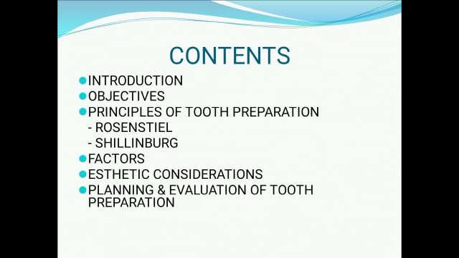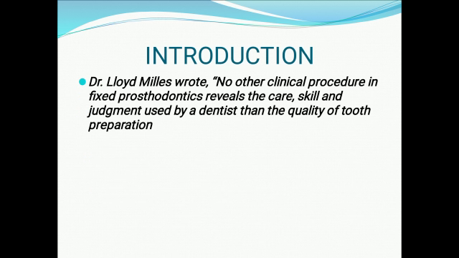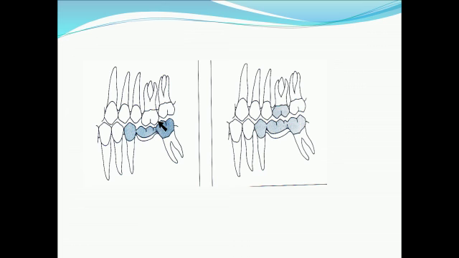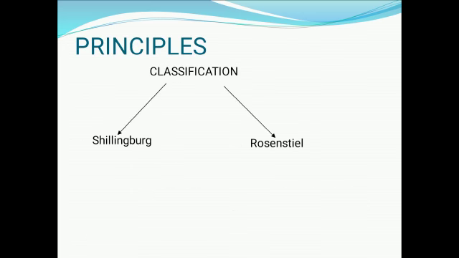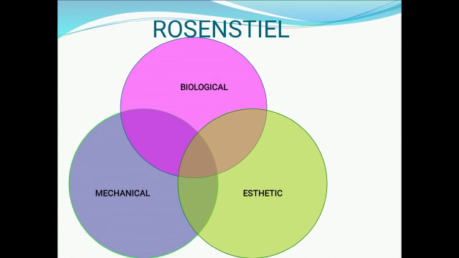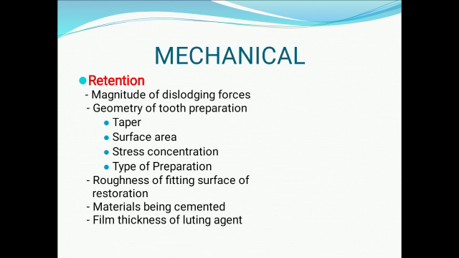In the previous class, I discussed the introduction, objectives, and some principles of tooth preparation according to Schillingburg and Rosenstiel. The principles are: preservation of tooth structure, retention and resistance form, structural durability, marginal integrity, and preservation of periodontium.